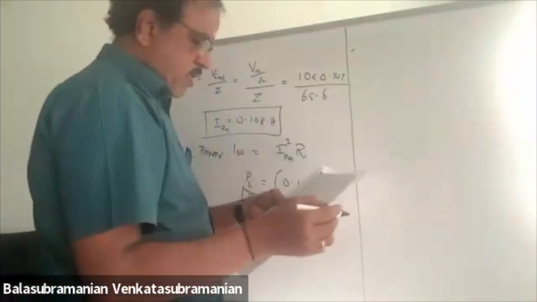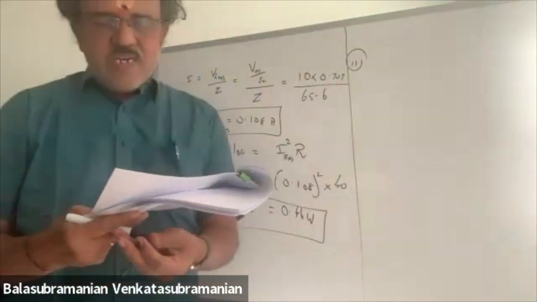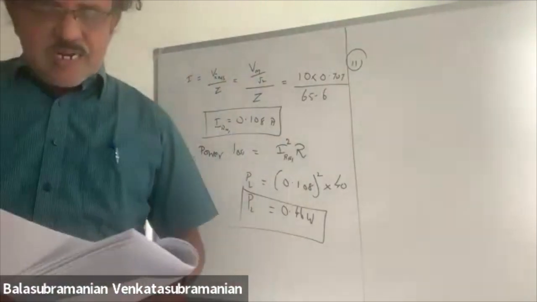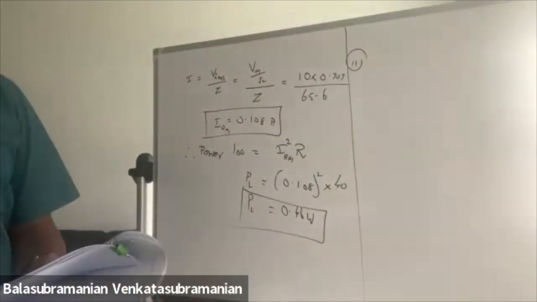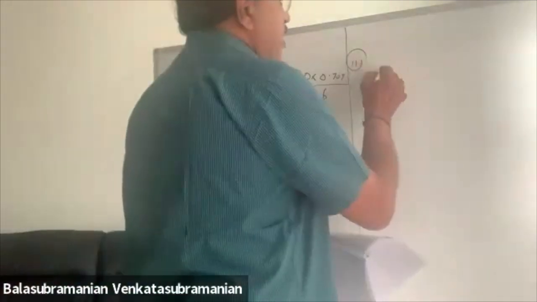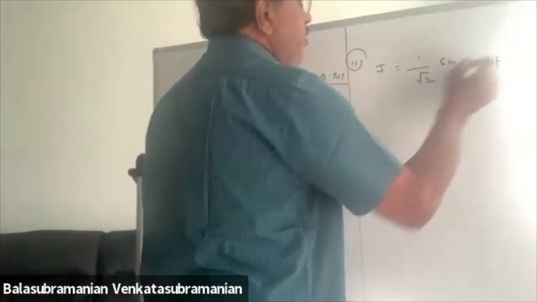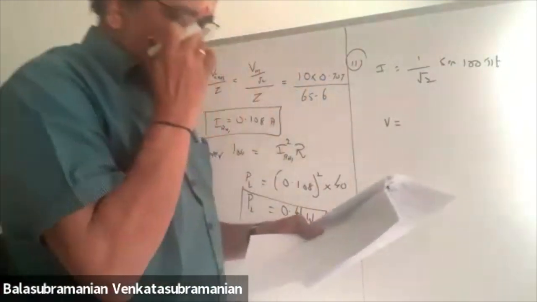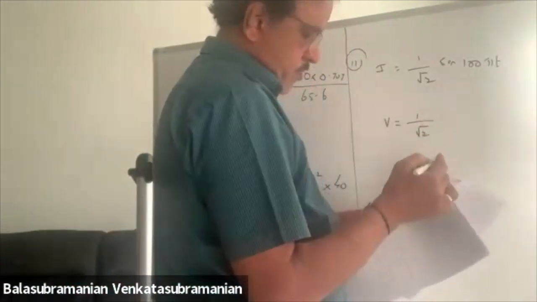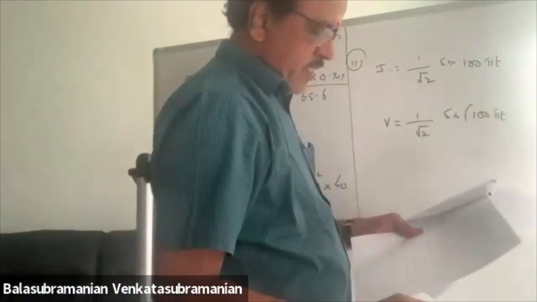Okay. Question number 11. The instantaneous values of AC current and voltage in the circuit are I is equal to 1 by root 2 sine 100 pi t, V is equal to 1 by root 2 sine 100 pi t plus pi by 3.